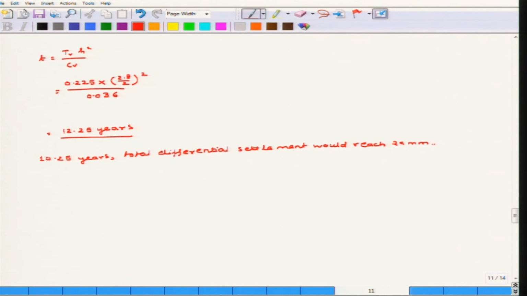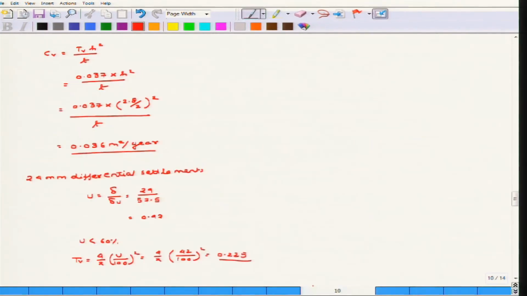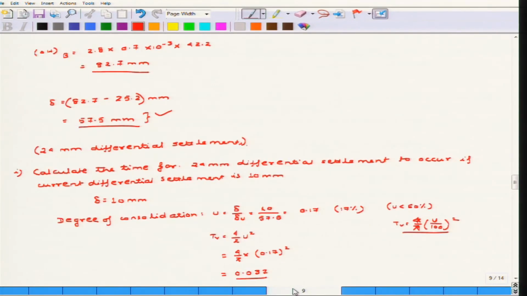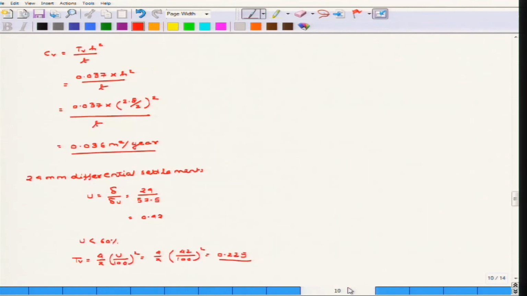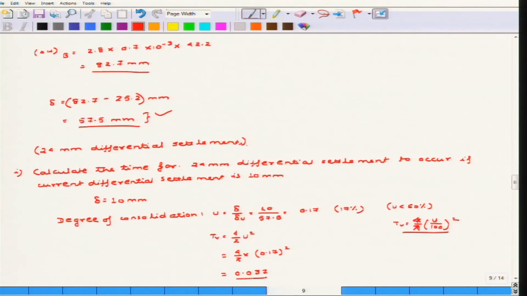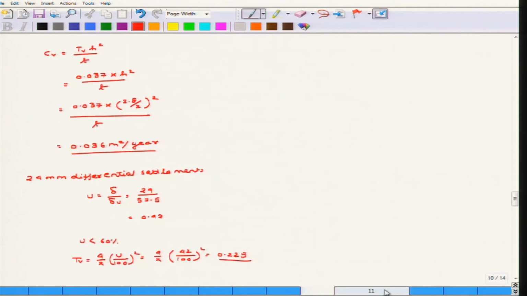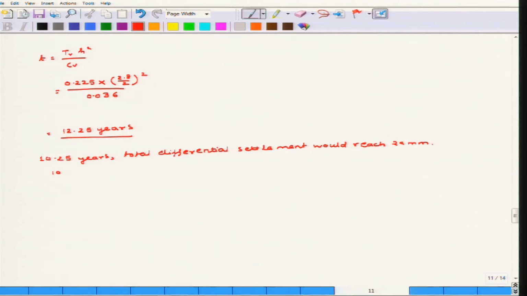If you calculate, considering the coefficient of consolidation Cv, you will see that this 10 millimeter has actually been achieved in 2 years. This 10 millimeter differential settlement is actually achieved in 2 years. So that is why it is said that in the extra 10.25 years the total differential settlement would reach 24 millimeter. So you can see how differential settlement is very detrimental to a structure.